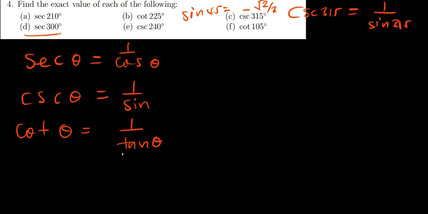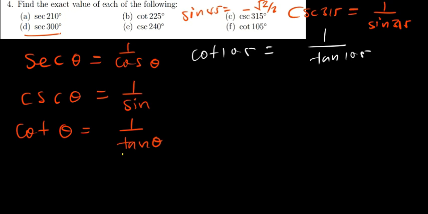Now let us look at 105. So cot 105 is going to be equal to 1 over tan, because for cot we go with tan. So we have tan 105. Now one thing I want you to understand here is 105 is in which quadrant?